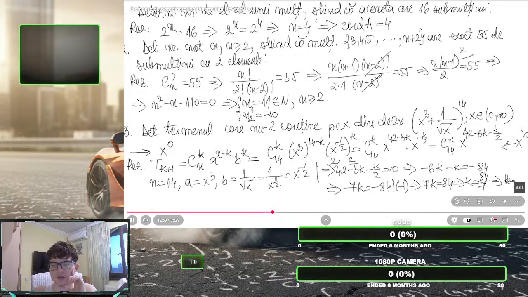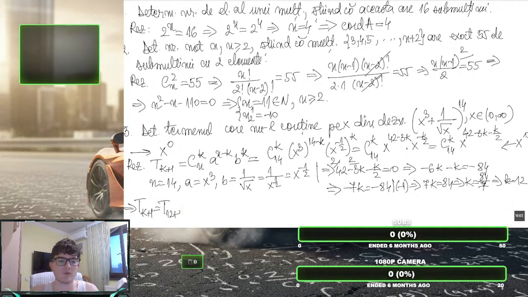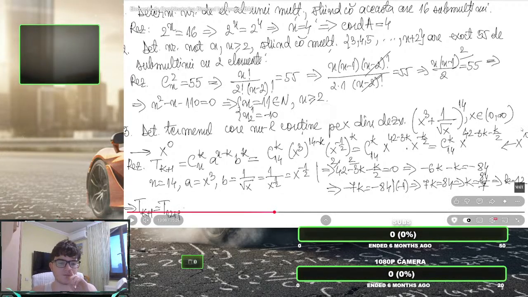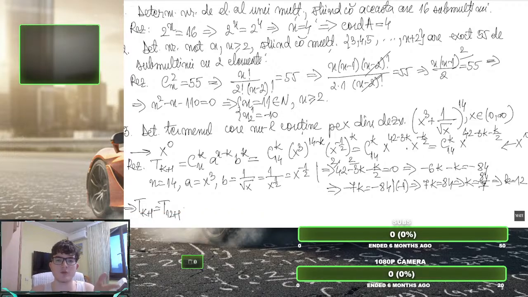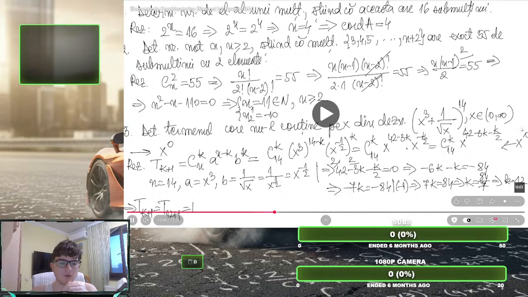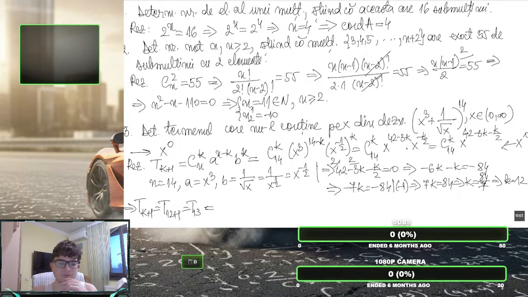So k is 12, and we have understood that k is 12, so we need to find the term. So the term is 12 plus 1, so basically k plus 1 is going to be t13, and thus we're going to give the term t13 equal like that.